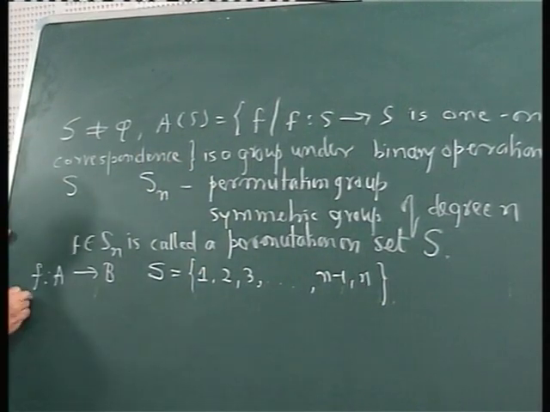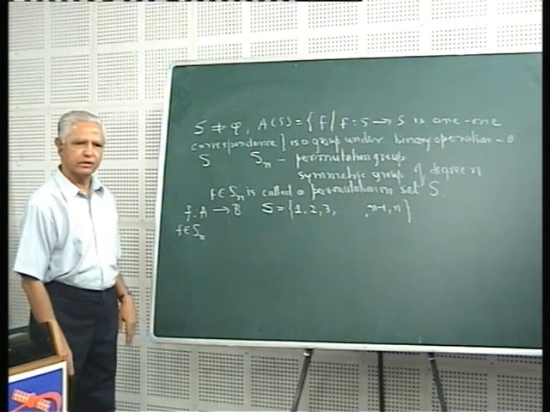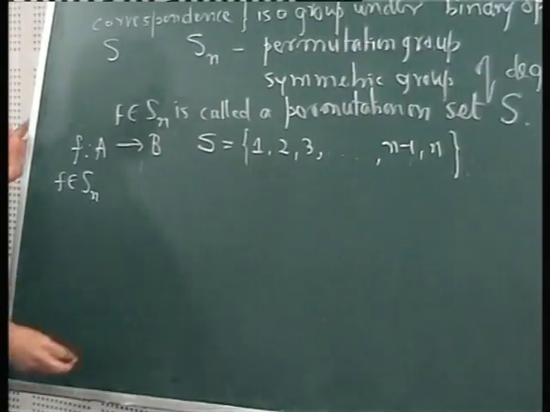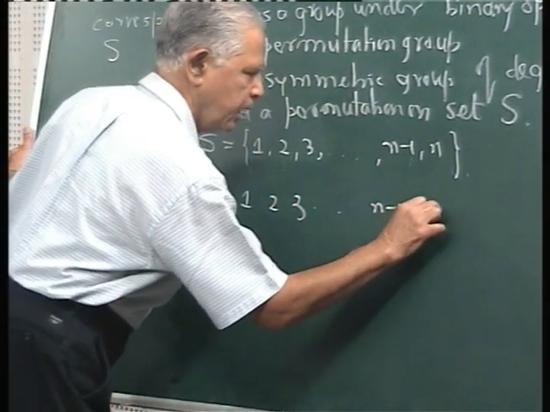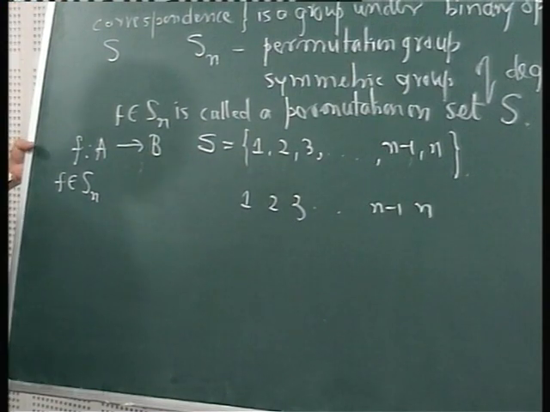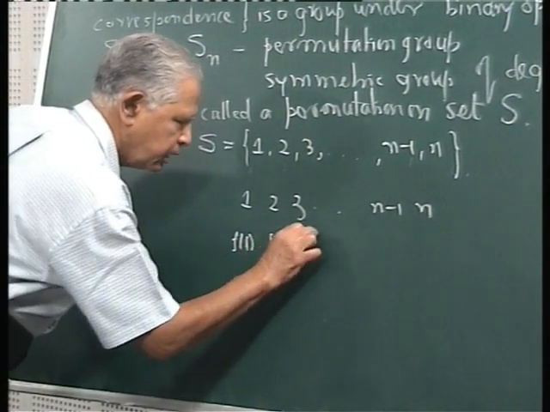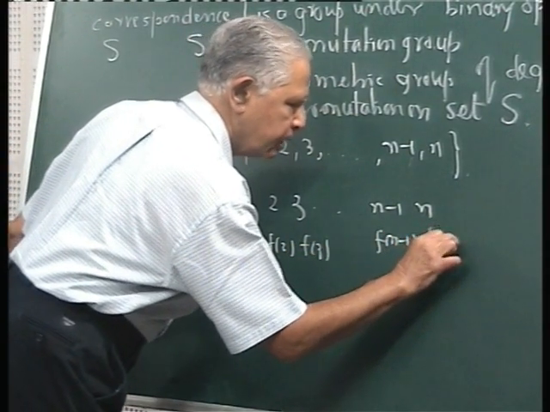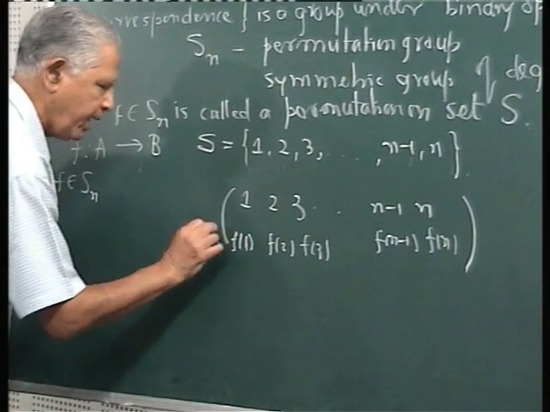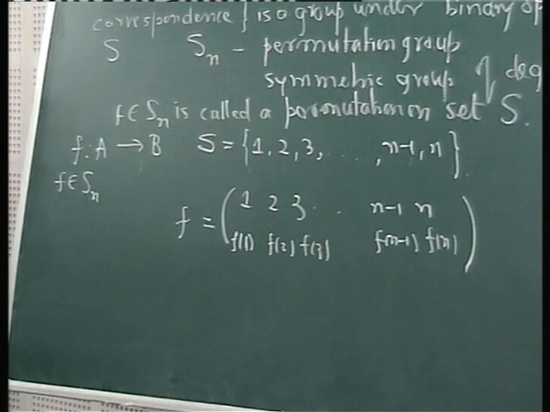Now suppose f belongs to S_n. That means f is a permutation on S. To represent this f, first we write down the elements 1, 2, 3, up to n minus 1 and n in the first row. Below that, in the second row, we write down the values f(1), f(2), f(3), up to f(n minus 1) and f(n). And thus we get a compact representation for the permutation f belonging to S_n.